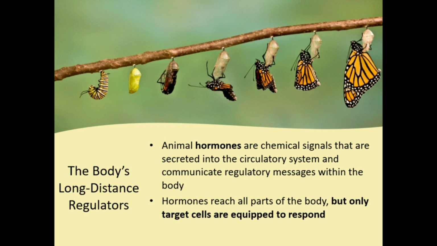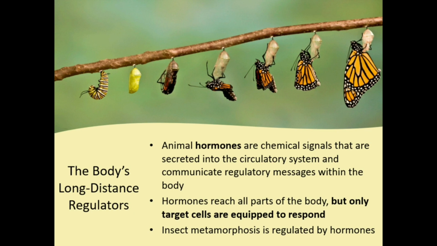And just to give you an indication of the immense power that hormones can have on an animal's body, well, we can look at the photo that we have on the slide in front of us. So something like insect metamorphosis is regulated entirely by hormones. I mentioned puberty within humans, but what we can also see with this butterfly here is that during the juvenile stage, so when the butterfly is still in the caterpillar stage, it is producing a specific hormone called juvenile hormone.